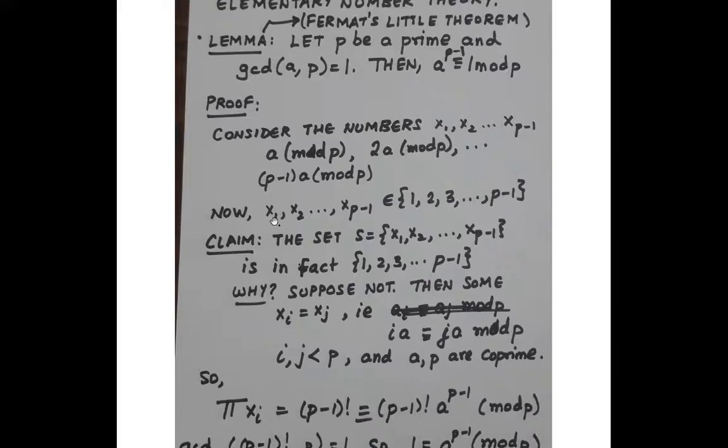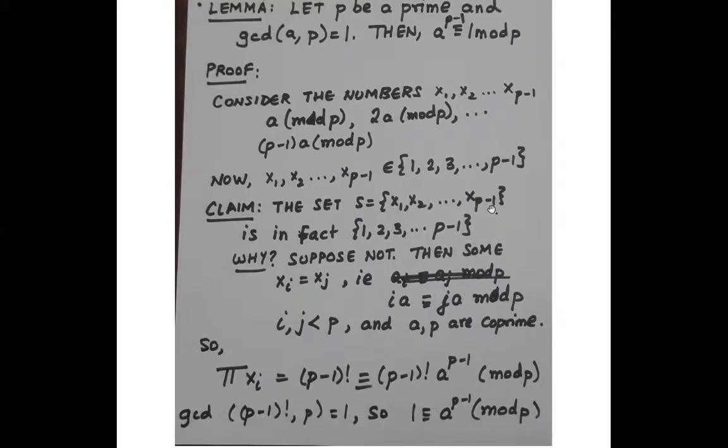In fact, I'll claim that this set of numbers x1, x2, up to x_{p-1} is uniquely the set 1, 2, 3, 4, 5, 6, and so on till p minus 1. There are p minus 1 numbers in x1 to x_{p-1}, and if they are the same as this set, that means this is nothing but a permutation of this set.